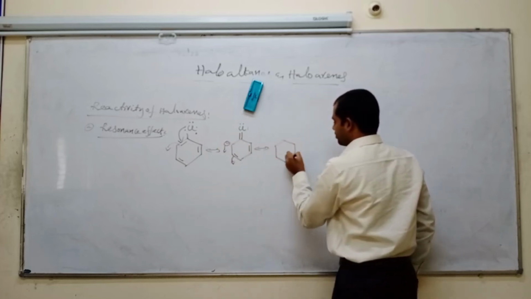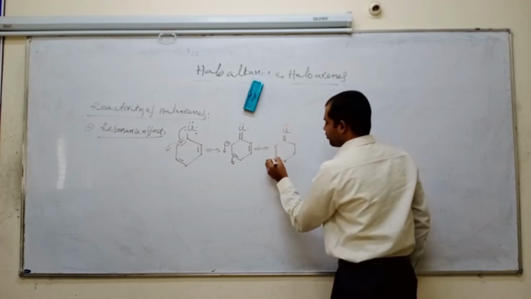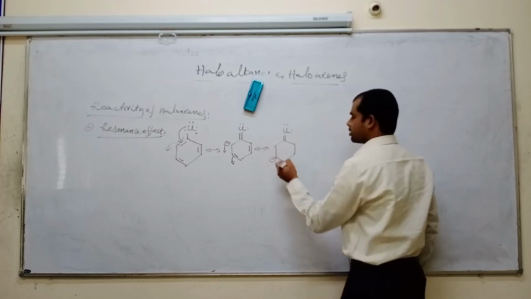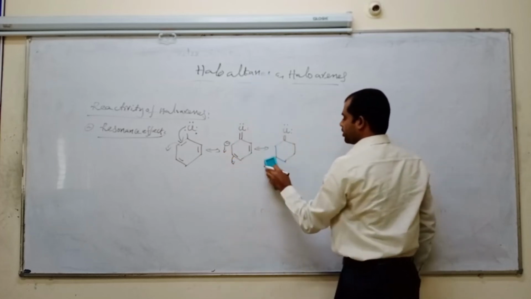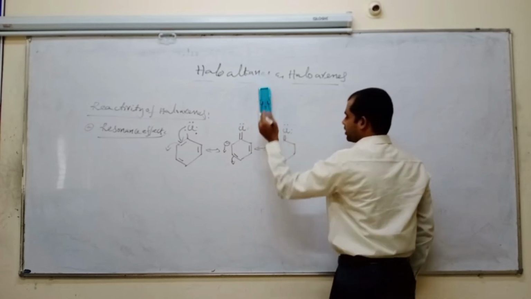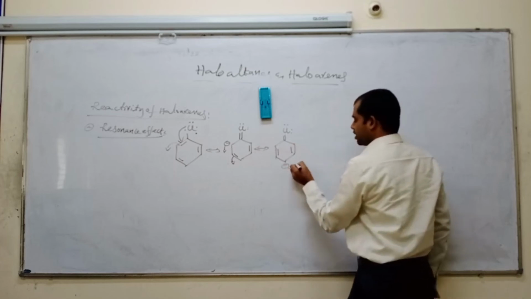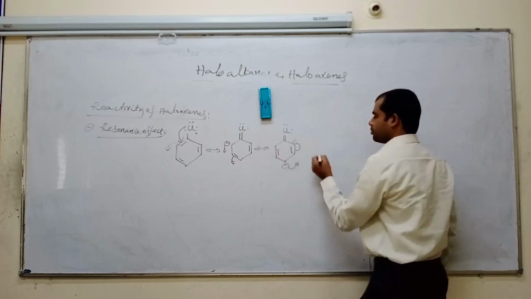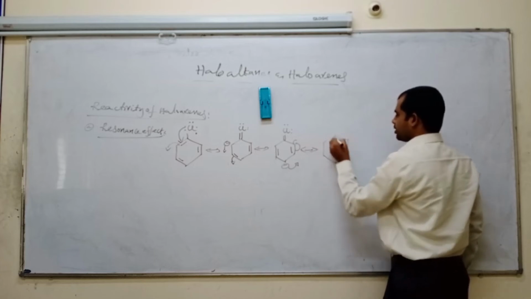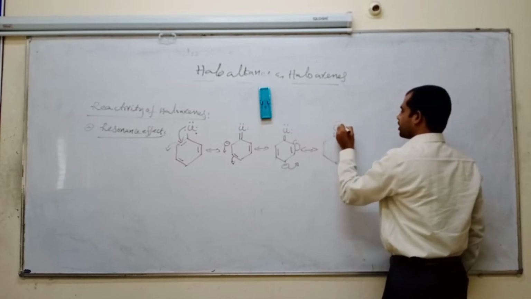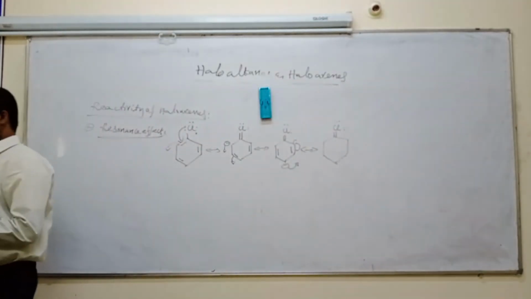Here the chlorine has a lone pair, and now we get the negative charge at this position. This electron comes this side, this bond comes this side, and we get the negative charge shifted here. Then this electron comes this side again, and we observe one more resonating structure, where chlorine has double bond character.